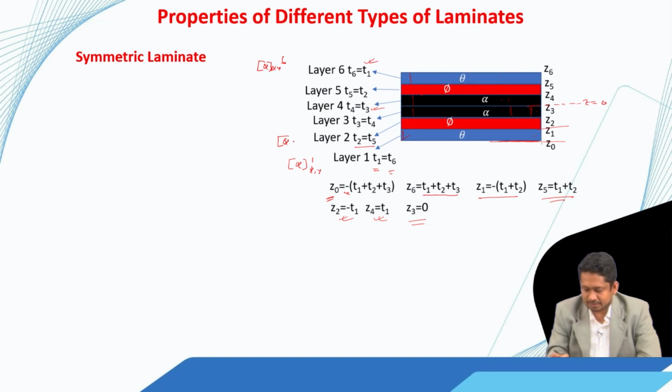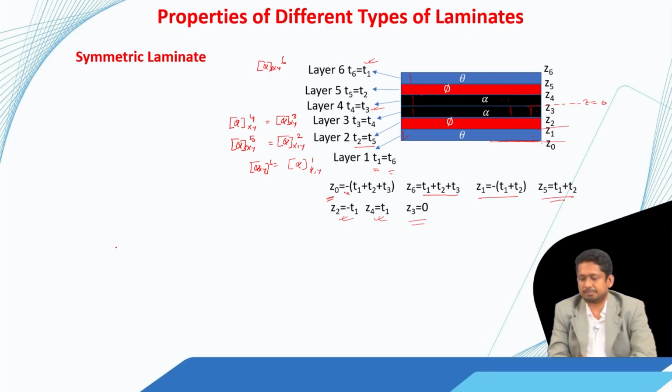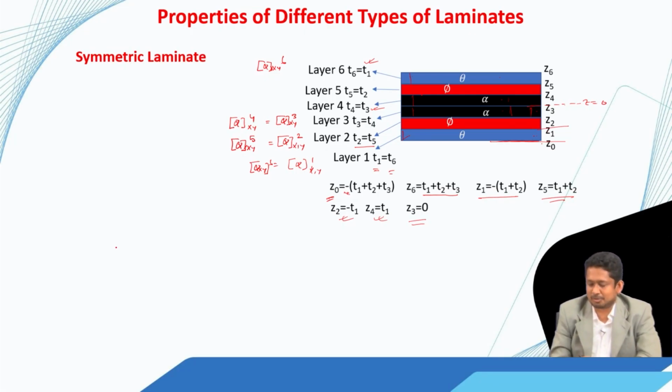Similarly, Q x y at layer 2 should be equal to Q x y at layer 5, and Q x y at layer 3 should be equal to Q x y at layer 4, because the materials are the same, their proportions are the same and the angles are the same. So, at these two symmetric locations the Q's are the same.